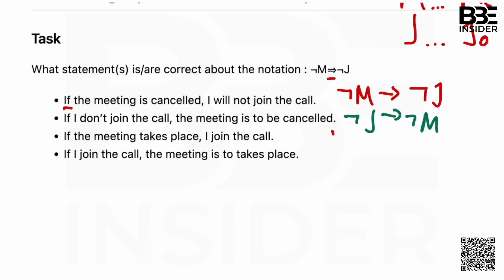If the meeting takes place, meaning that we do not negate the operand M, I join the call. If I join the call, the meeting is to take place, meaning that J is not negated. Just J implies that the meeting takes place.